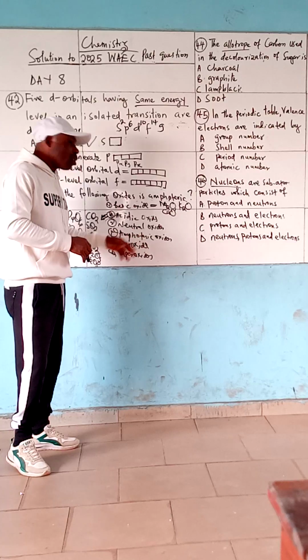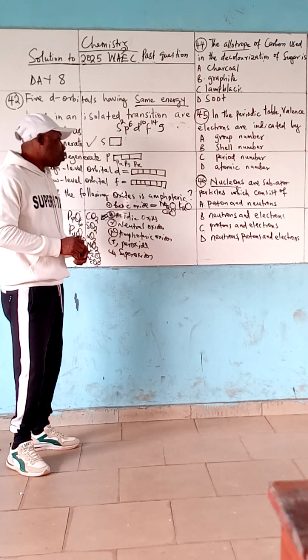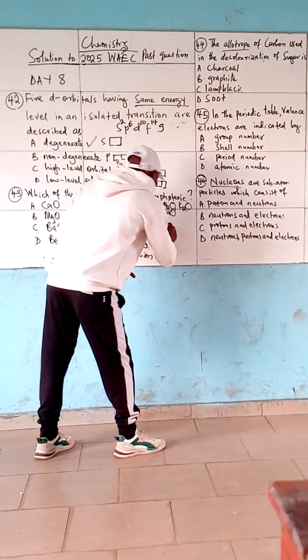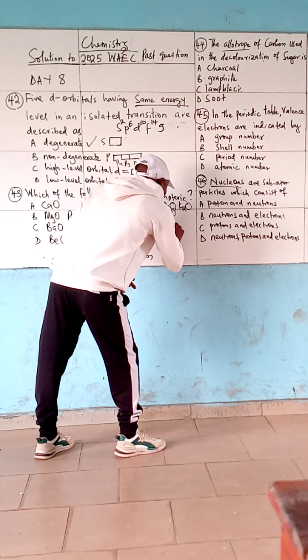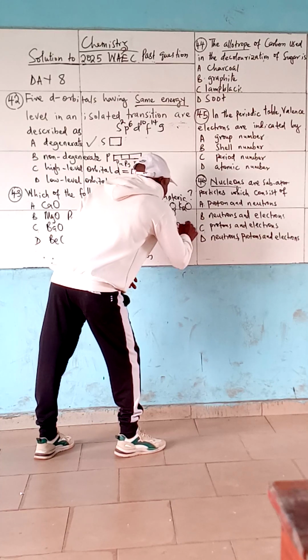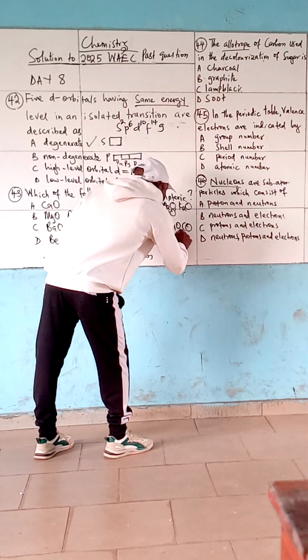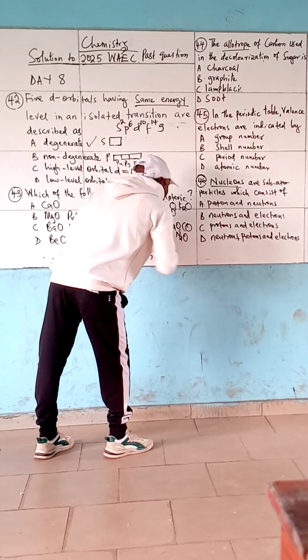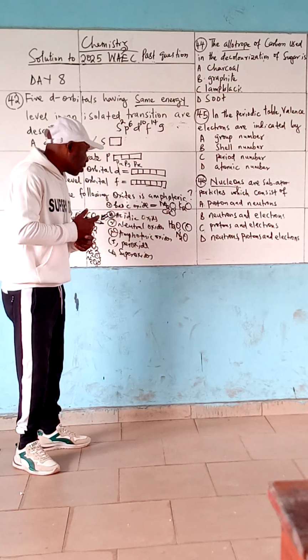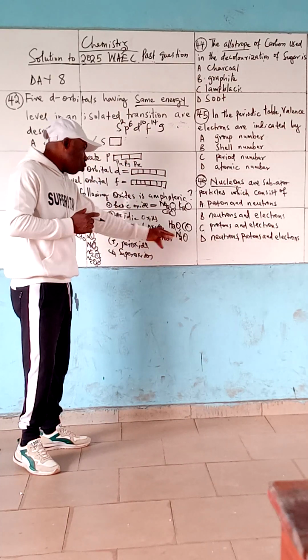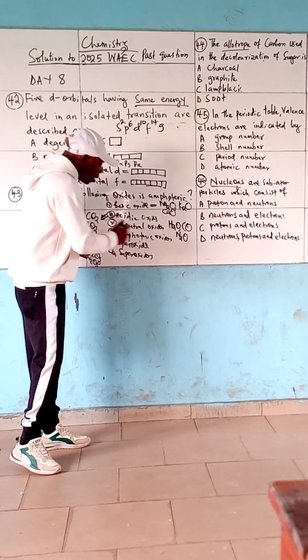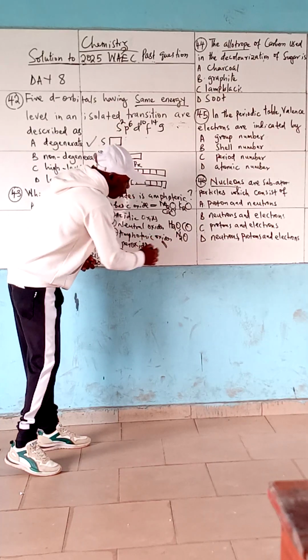But neutral oxides have no action on litmus. Examples of neutral oxide are water, which is hydrogen oxide, carbon 2 oxide, and nitrogen 1 oxide, otherwise known as laughing gas.